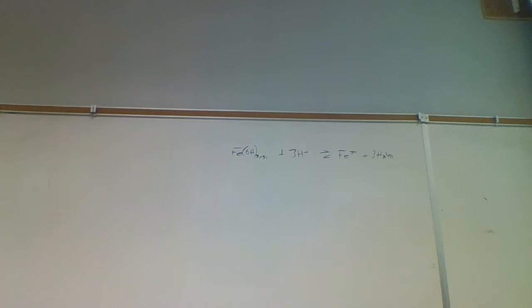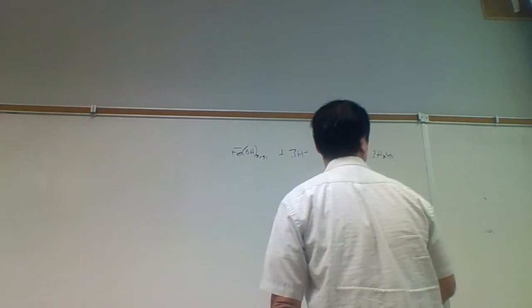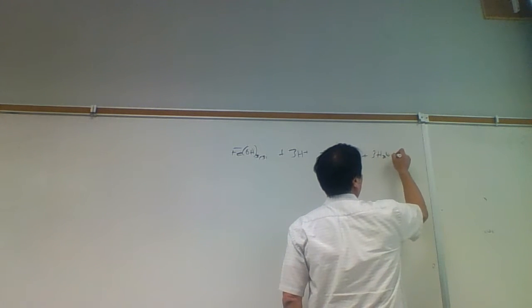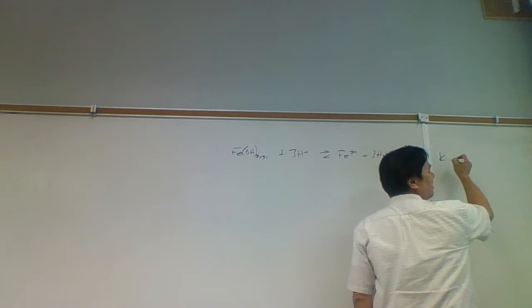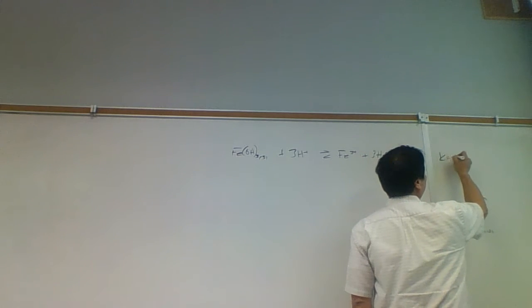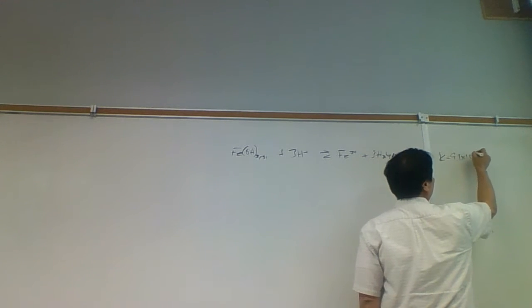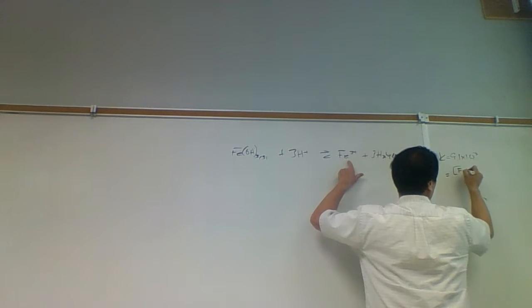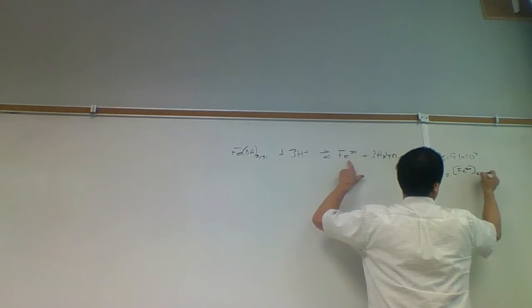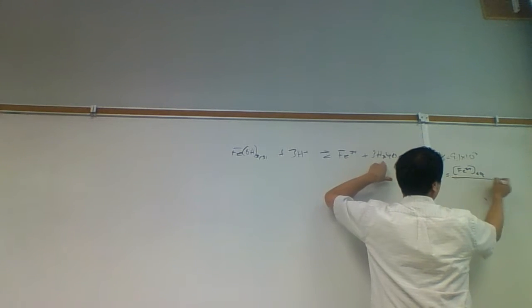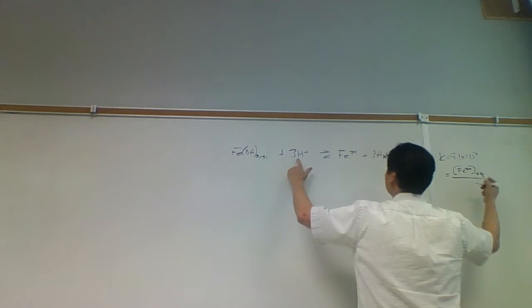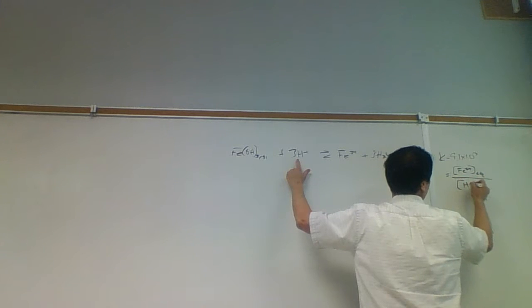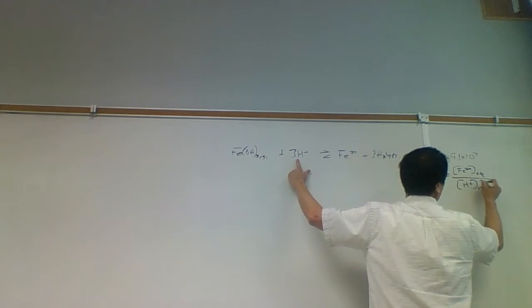And so what we'll do here is this. We see that K is equal to 9.1 times 10 to the third. Now the K is going to equal the equilibrium concentration of the iron 3. Now water is a liquid, so that's a 1. And then we'll have the H plus concentration at equilibrium cubed.